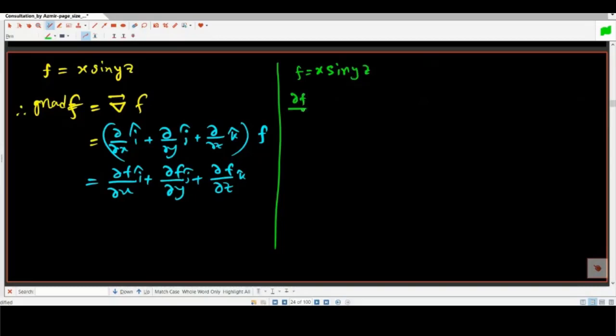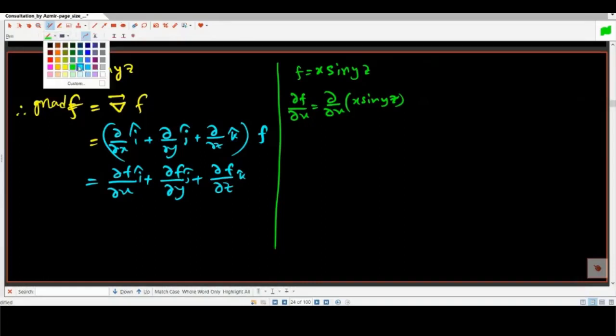So ∂f/∂x is ∂/∂x of x sine yz. Whenever we are differentiating in terms of x, at that time y and z will be constant.